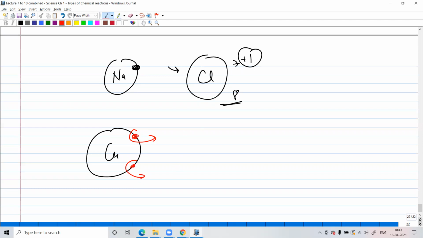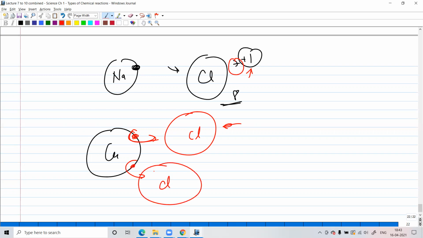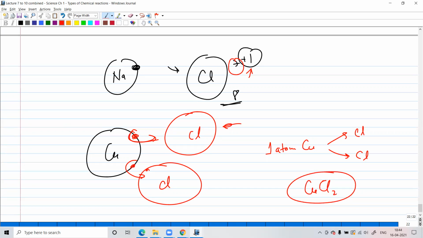One chlorine atom can take only 1 electron, because it is already 7. So one chlorine atom takes 1 electron and it needs another chlorine atom to take the second one. That is why 1 atom of copper bonds with 2 atoms of chlorine. That is why the formula is CuCl2 and not CuCl. Does that make sense?